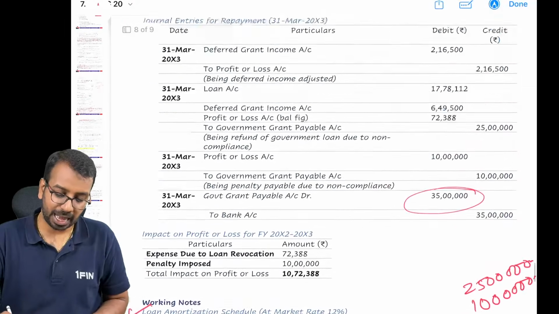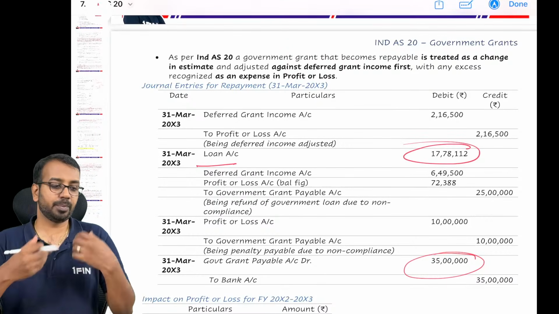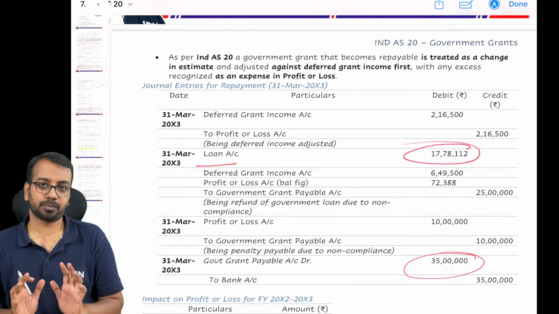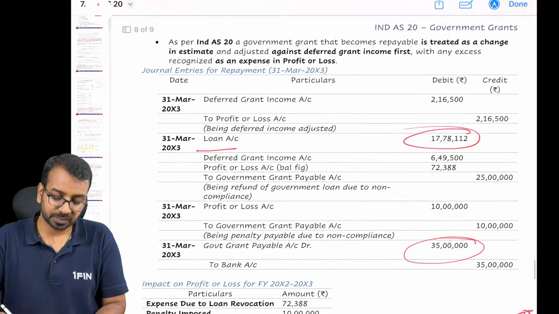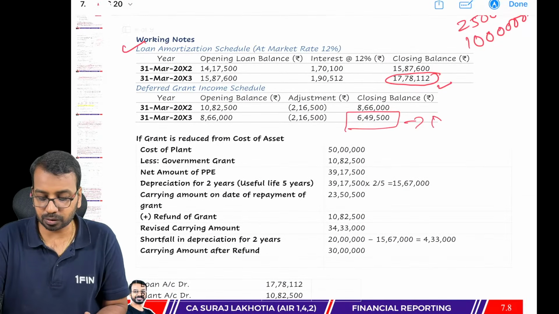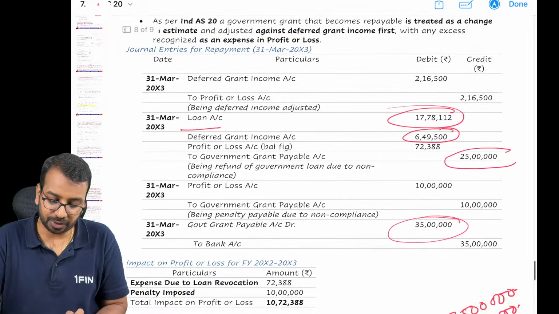See, you can say I have repaid the loan of 17,78,000. That is the value of loan in my books. Then whatever is the closing balance of government grant, 6,49,000, this also needs to be debited. So we will debit that as well. And we have paid 25 lakhs.